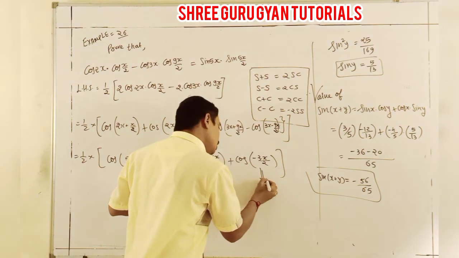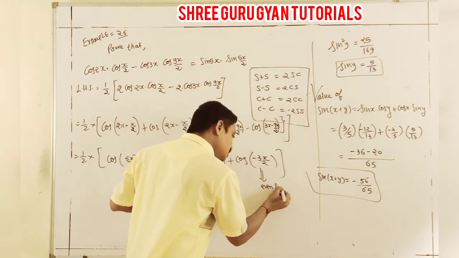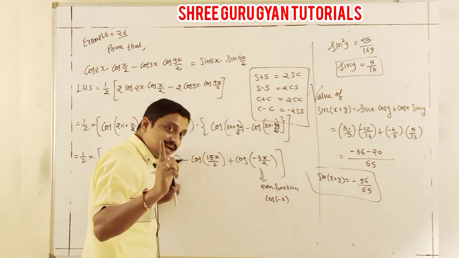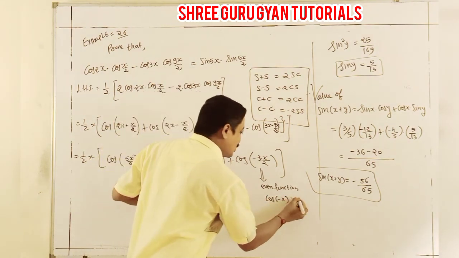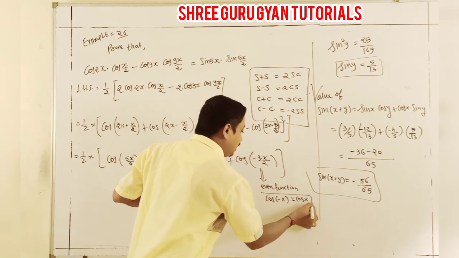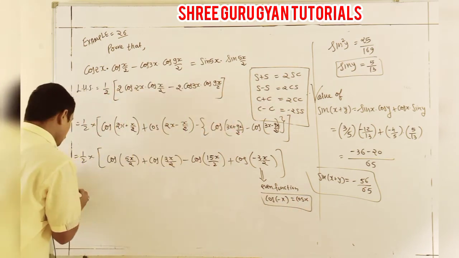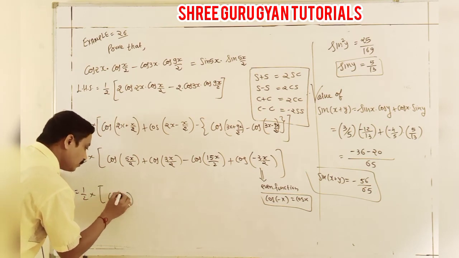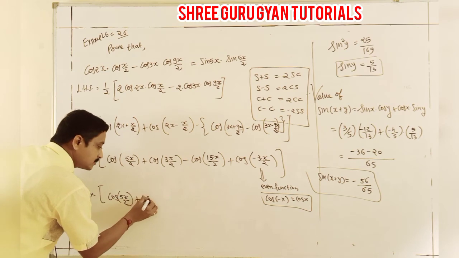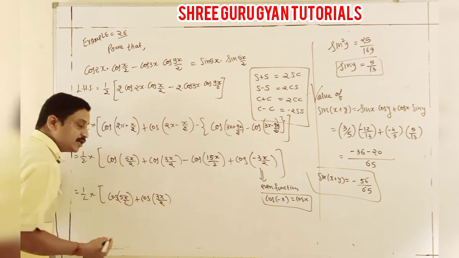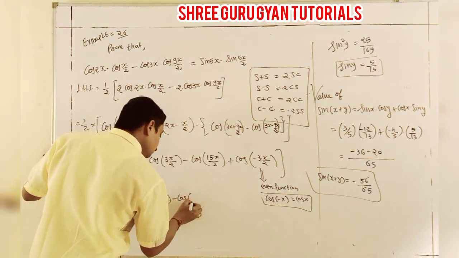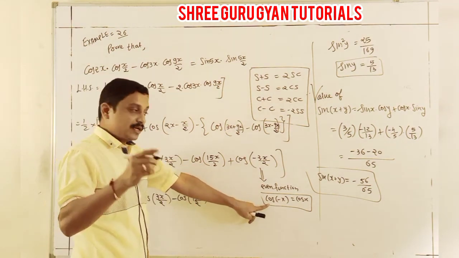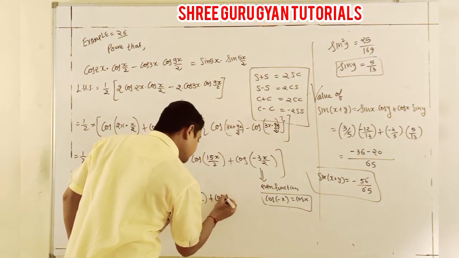But students, you know it is an even function: cos of negative inside is positive outside. This is only and only the cos x property. So half cos pi x by 2, continue, plus cos 3x by 2 minus 15x by 2, and this minus, but already it is plus, so cos 3x by 2.